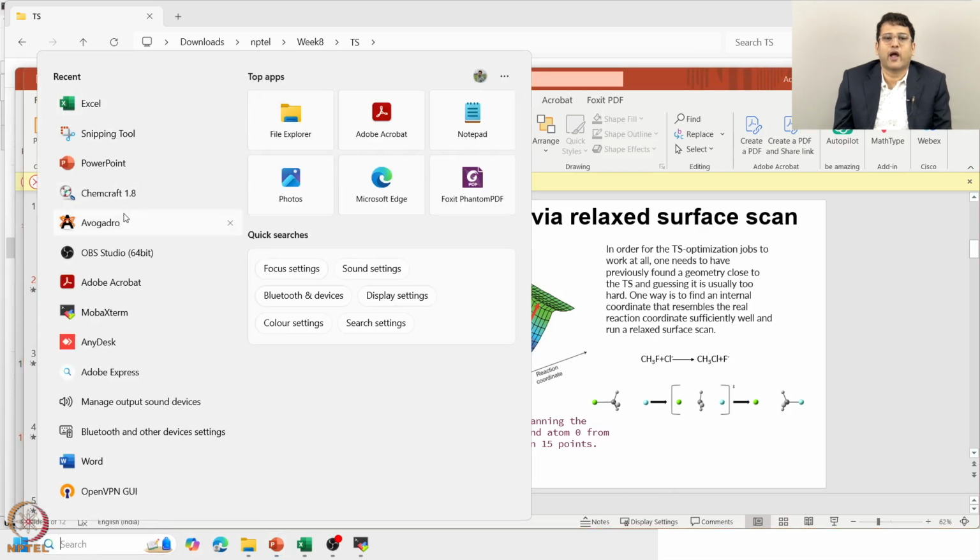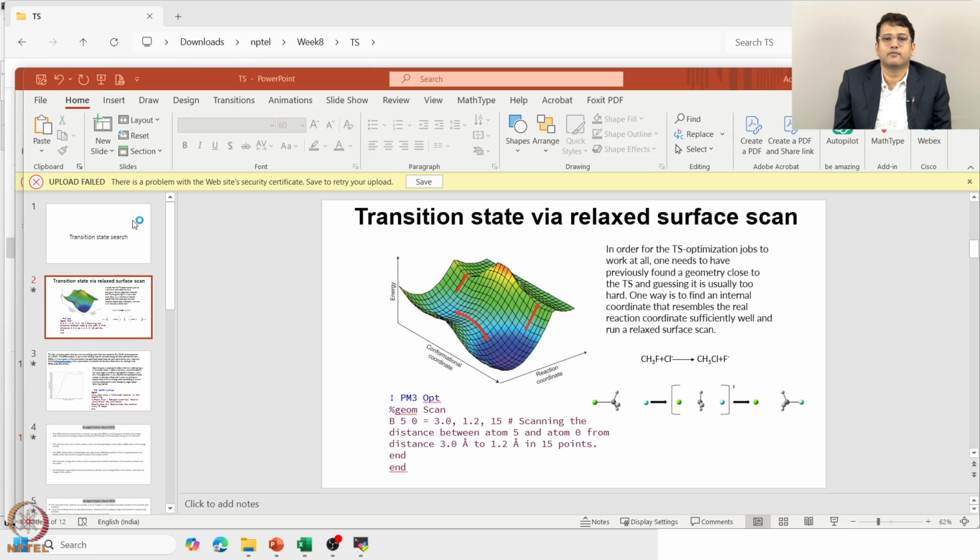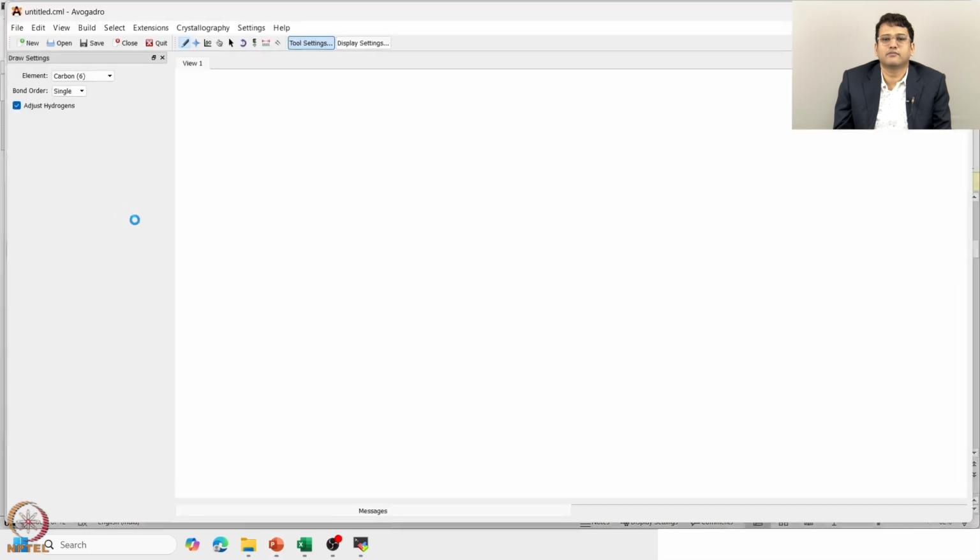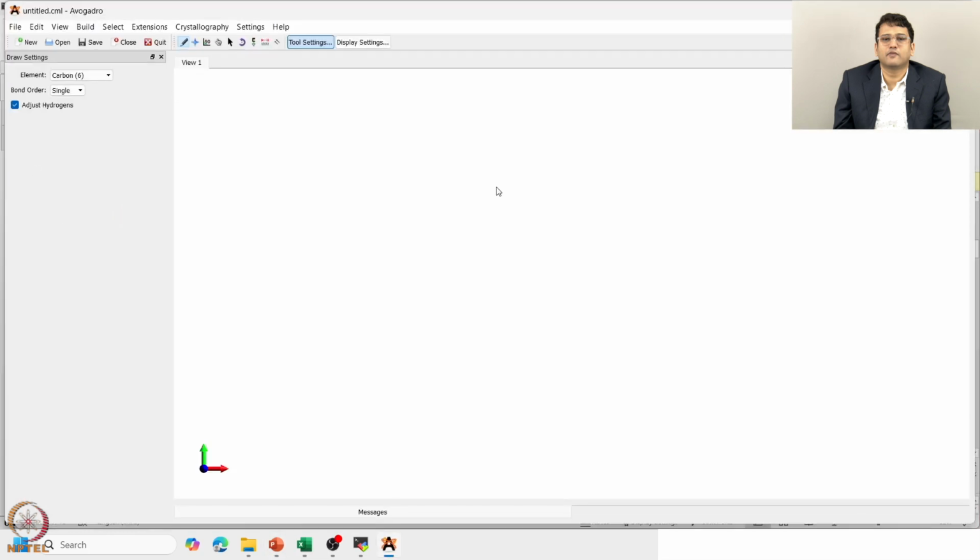So, let us go to Avogadro. It is carbon, and one of the hydrogens I can just replace with fluorine. I do not need to adjust the hydrogen.